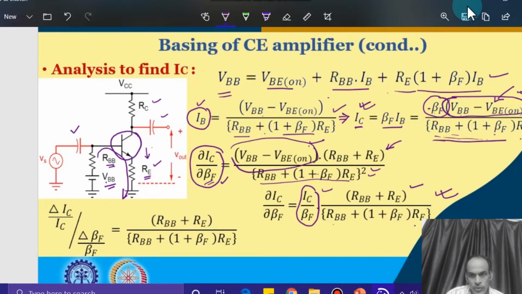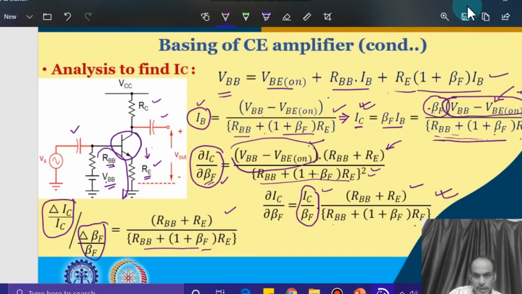So instead of dou IC, we are writing here change in IC by IC, which means fractional change in collector current divided by fractional change in beta. So this ratio, if I consider its expression, is RBB plus RE in the numerator, and in the denominator we do have RBB plus 1 plus beta into RE.